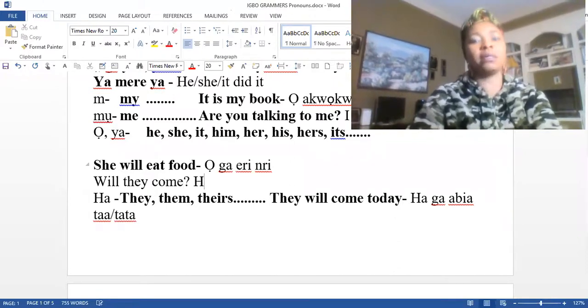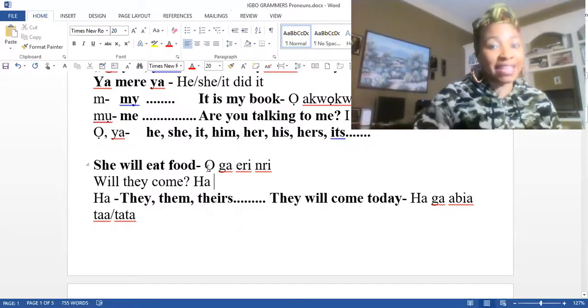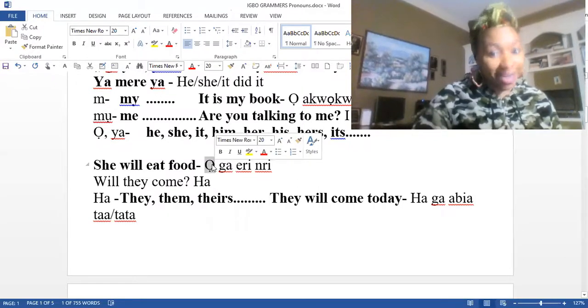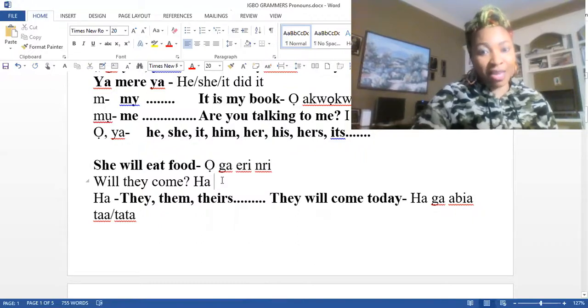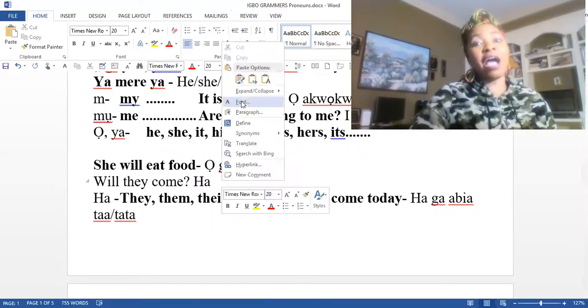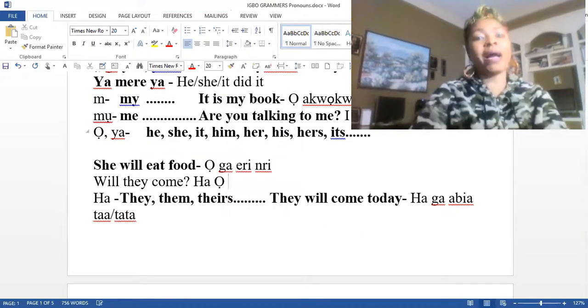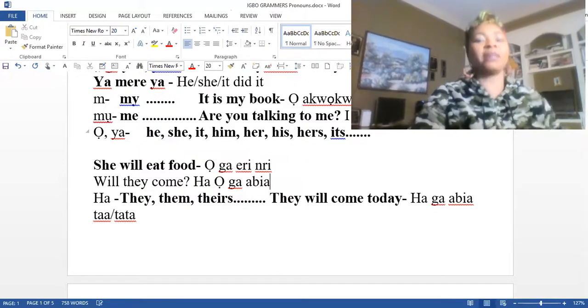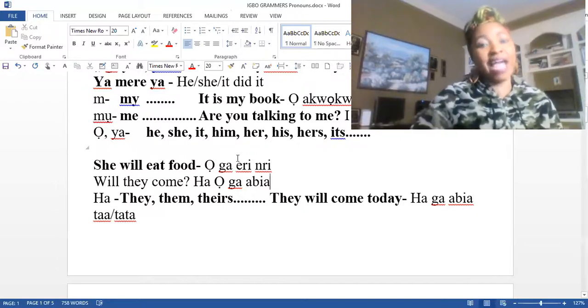Ha ọ ga-abịa. If you write the ọ, don't forget to punctuate it, because if you forget, it is not correct. Okay, so ha ọ ga-abịa. Okay, ha ga-abịa. Okay, they will come.